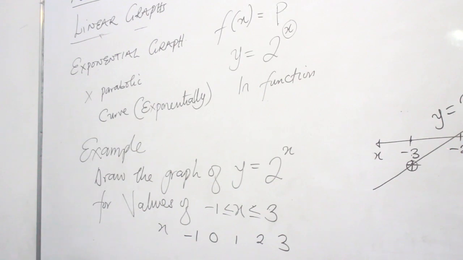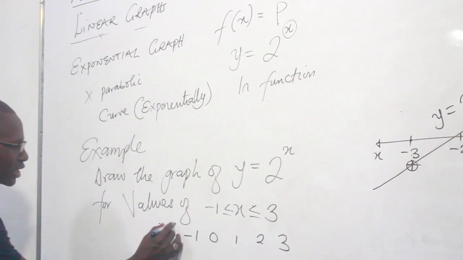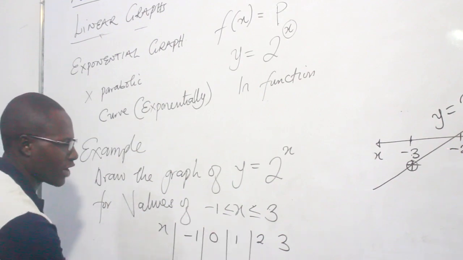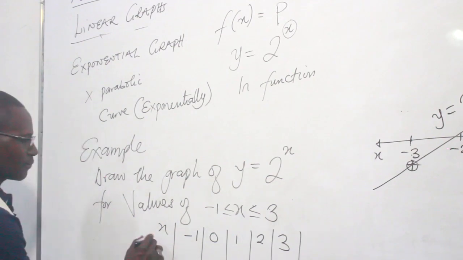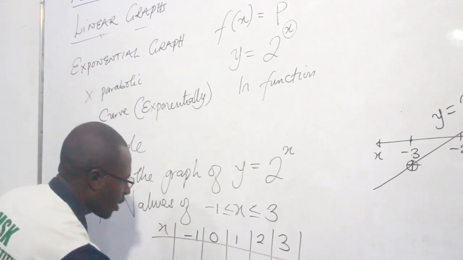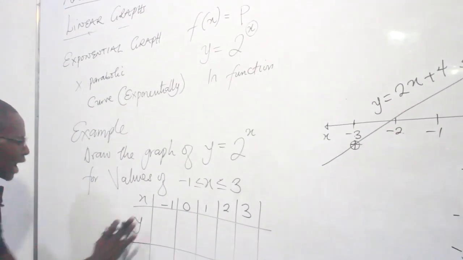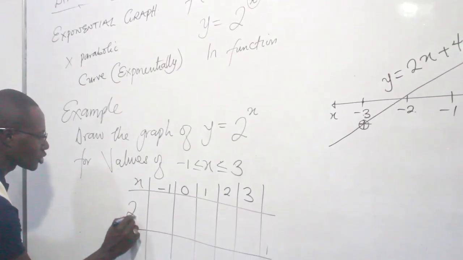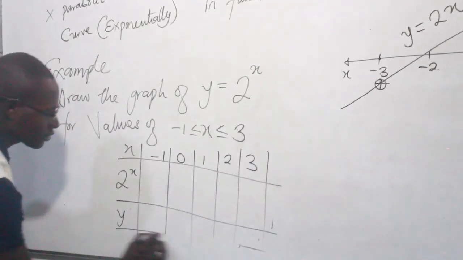So let's take this and plot the graph. If these are the values of x, then here we will have the value of y, and y equals 2 to the power of x.